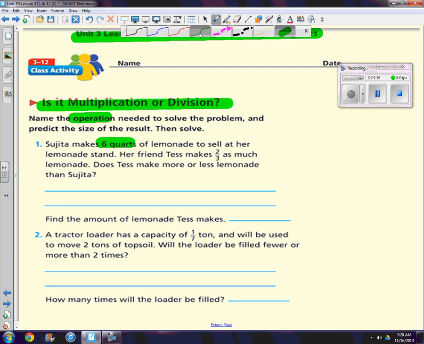Does Tess make more or less? The first part would be to write the word less. And then would you use multiplication or division? 2/3 as much. Multiplication, because you would be taking 2/3 of 6 quarts.